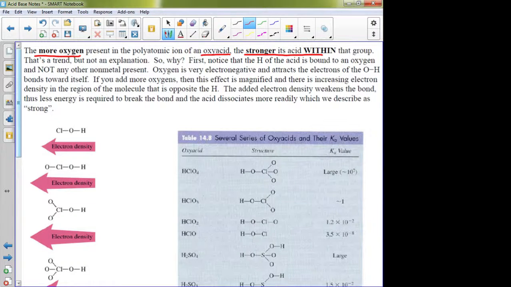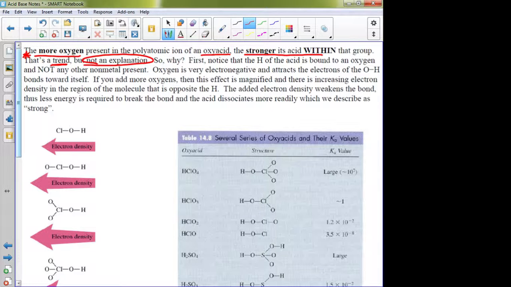Now again, the fact that it's strong just means it what? Dissociates. Okay, that it breaks apart completely. Notice this is a trend, not an explanation.